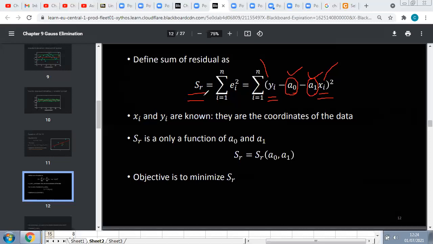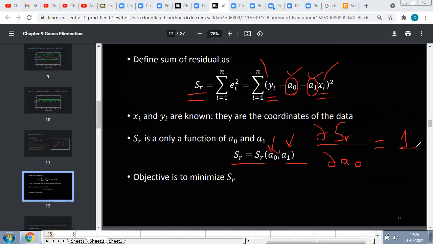When we ask you about the minimum of a function, what do you do? Derivative. Exactly, the derivative. And since SR is a function of two variables, a0 and a1, you should take the partial derivative of SR with respect to a0 equals 0. This will give you the first equation.